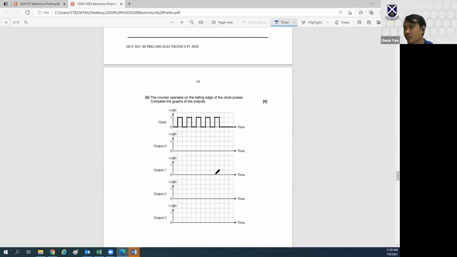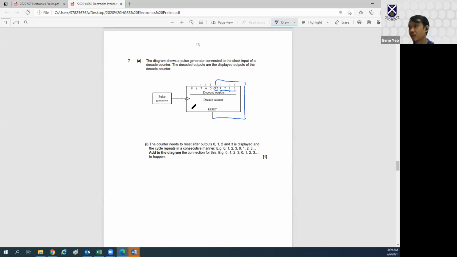Okay, so complete the graphs of the outputs. Output 0, output 1, output 2, output 3. So this fella works on a falling edge. If I'm not mistaken, this symbol means that it works on a falling edge.